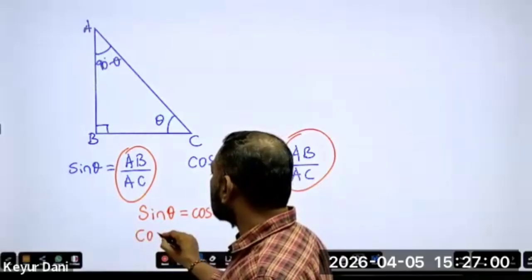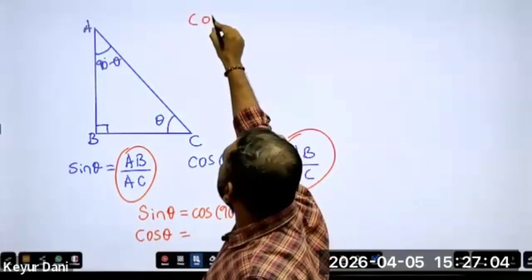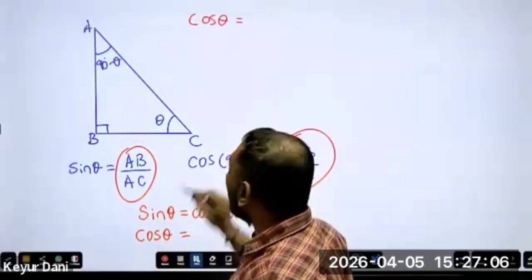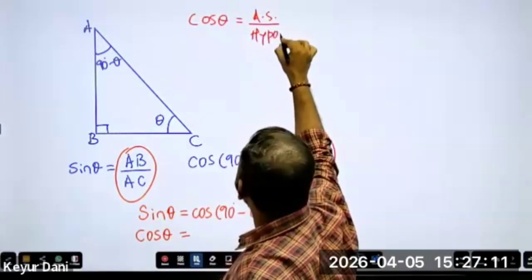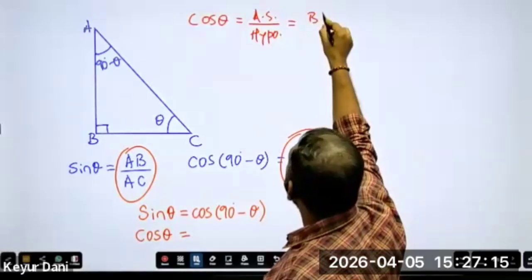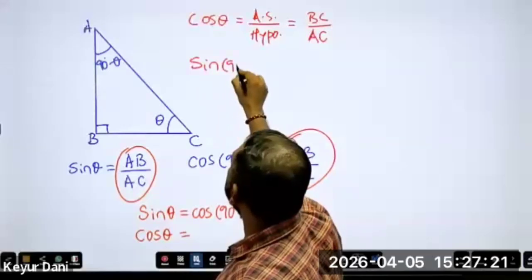Now, we can do this for many more trigonometric functions. Let us take cos theta. Cos theta is adjacent upon hypotenuse. For theta, the adjacent side is BC, upon hypotenuse AC. Now take sine of 90 minus theta.